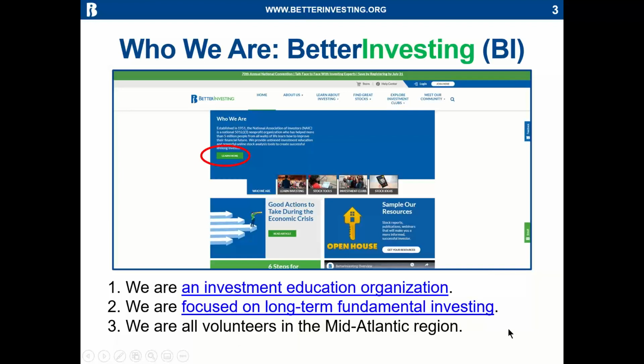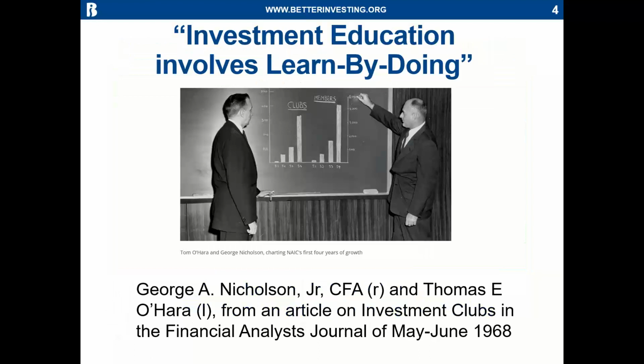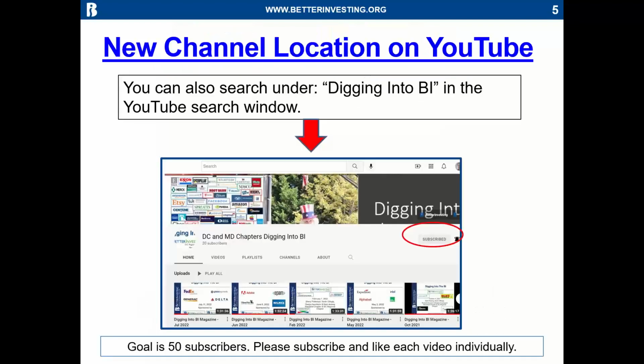We also focus on long-term fundamental investing, and all of us that are presenting tonight are volunteers in the Mid-Atlantic. Again, Better Investing is an investment education where we learn by doing. There are two people that were there at the beginning, George Nicholson on the right, and Thomas O'Hara on the left. And we're just carrying on what they've been doing since the 1950s.